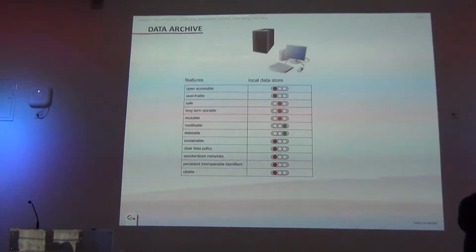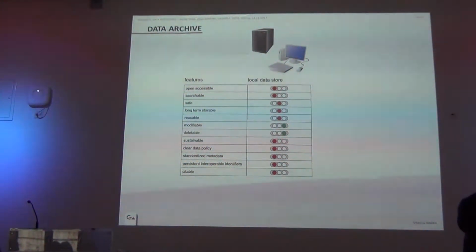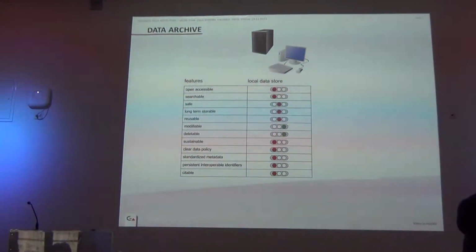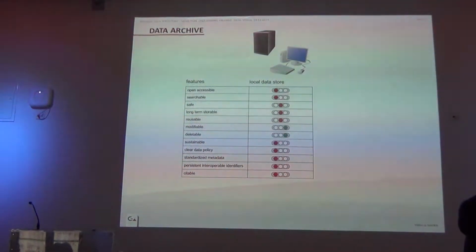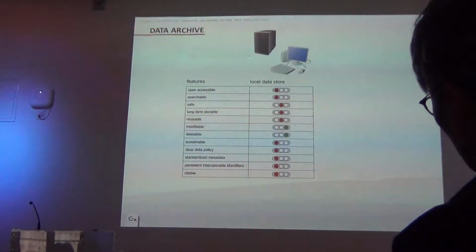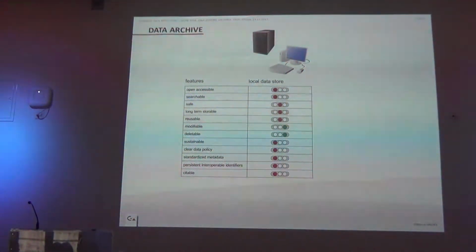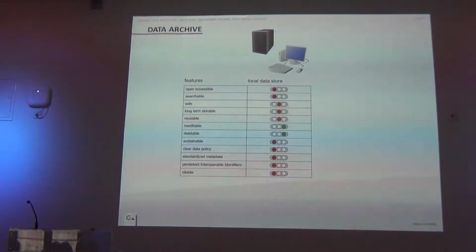But it doesn't mean that the data are sustainable. And of course, you wouldn't have a clear data policy on a local store. You wouldn't use standardized metadata, and you definitely wouldn't use a persistent interoperable identifier. So altogether it means the data are uncitable.